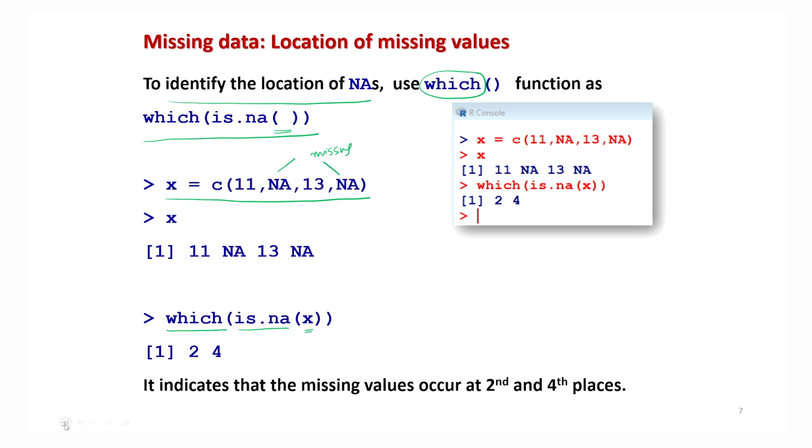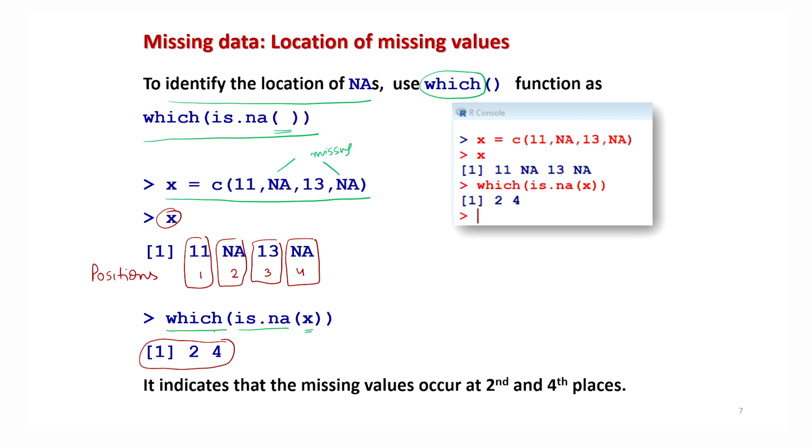If you look into this data vector x and write down the position of different values, this is position number 1, this is position number 2, this is position number 3 and this is position number 4. 11 is at position number 1, NA is at position number 2, 13 is at position number 3 and NA here is at position number 4. Now if you execute this command, it gives you 2, 4.